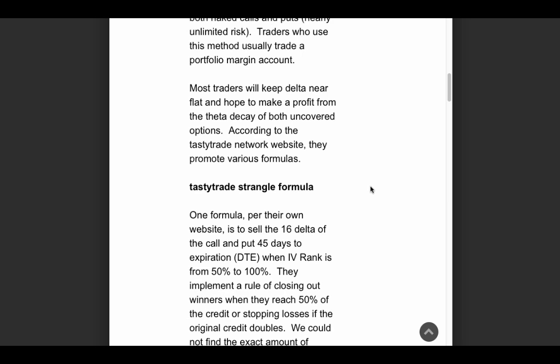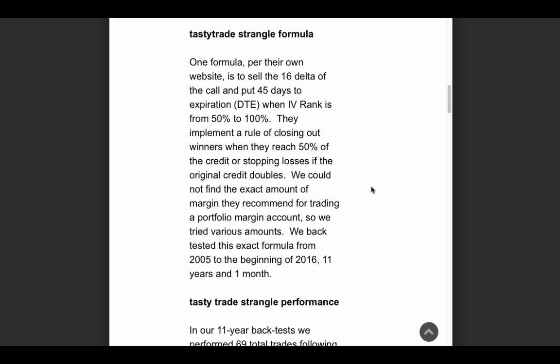So let's move down a little bit. Okay, so exactly what we tested in this back test, the Tastytrade Strangles. So one of their formulas, and they have a few that they put out, is they're selling the 16 delta on the puts and 16 delta on the calls, 45 days out to expiration.